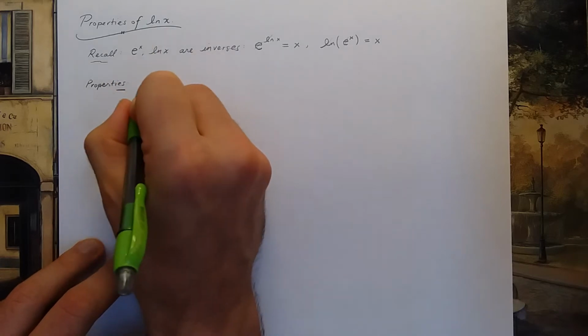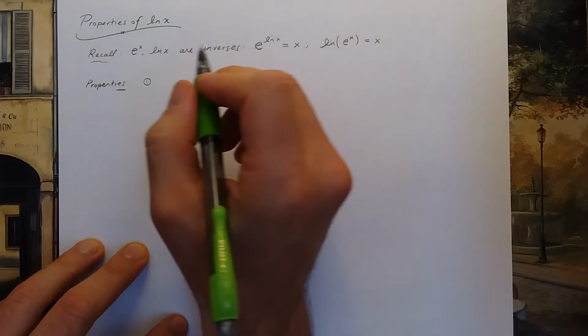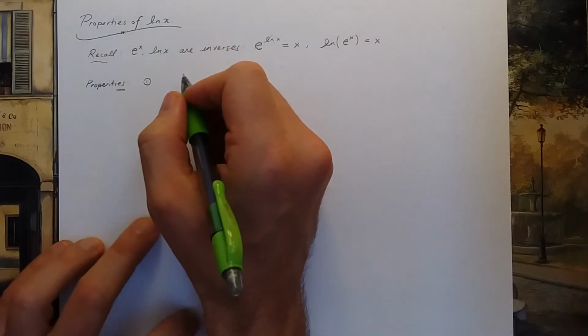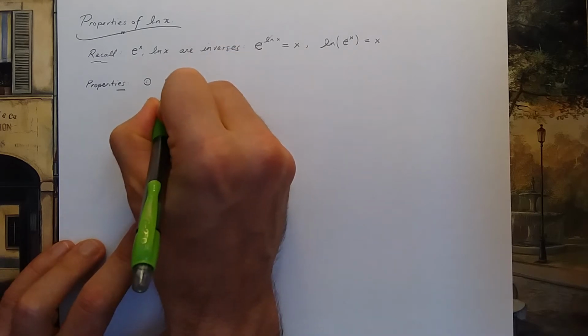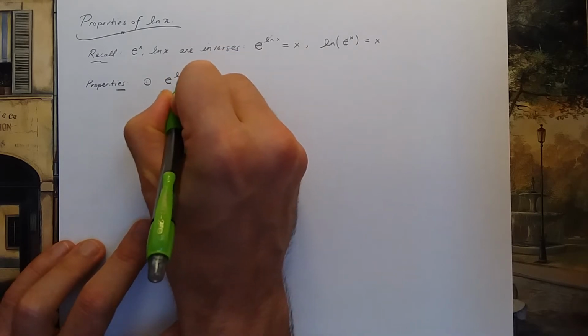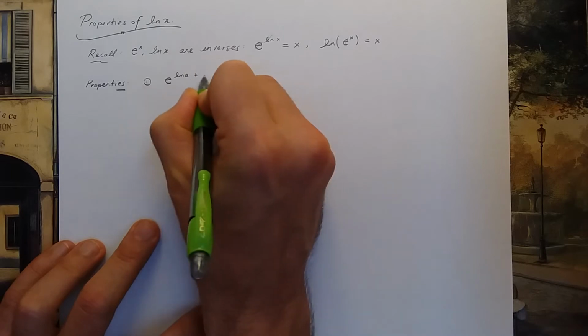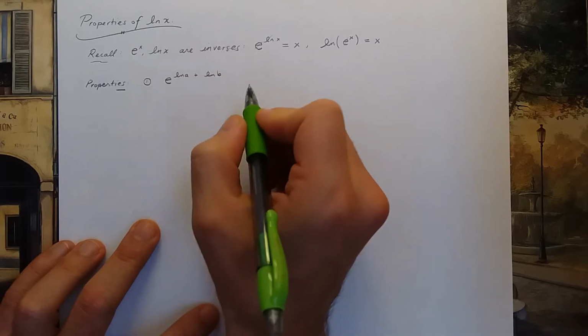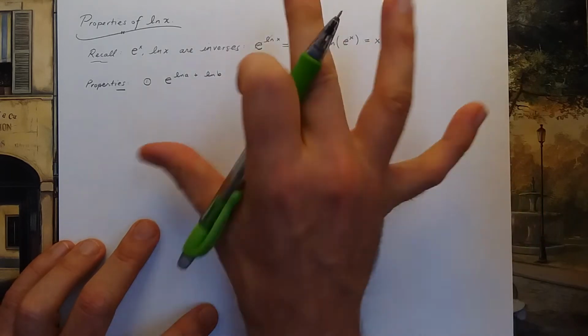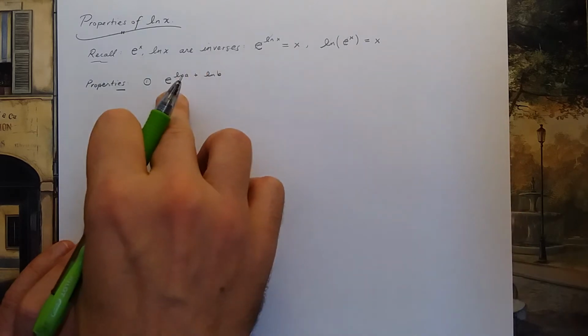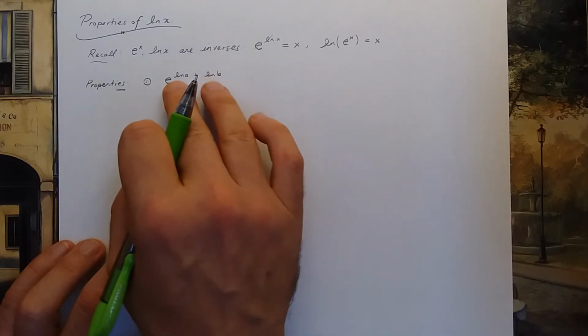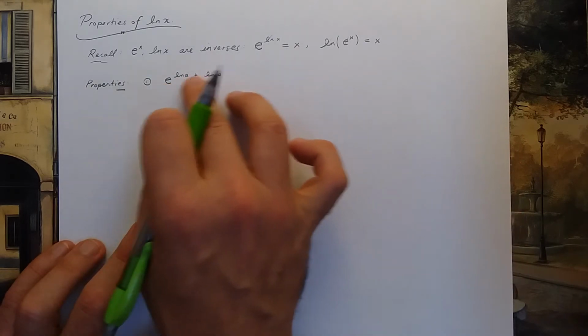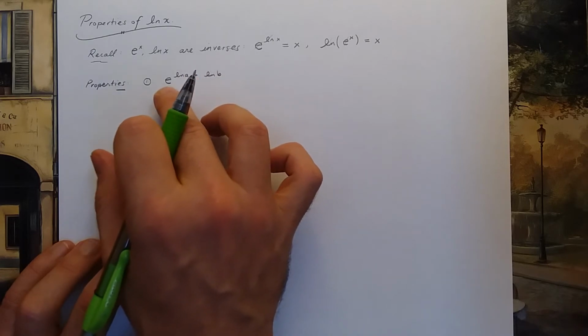So property 1 is the following. Notice that e to the log a plus log b can be simplified using properties of exponents. So basic properties of exponents says that addition in the exponent becomes multiplication.